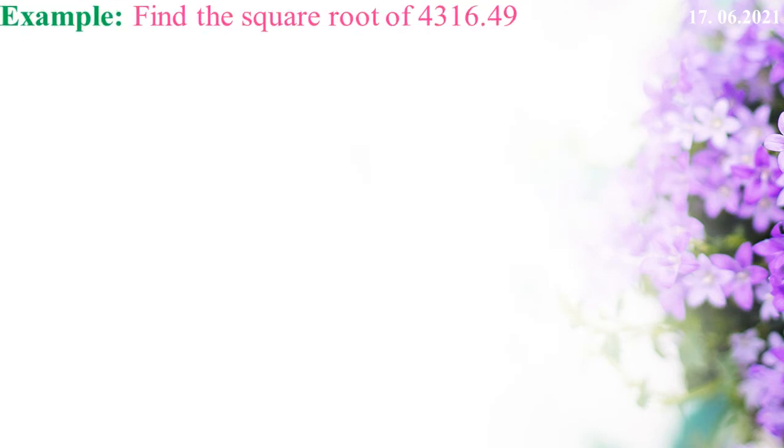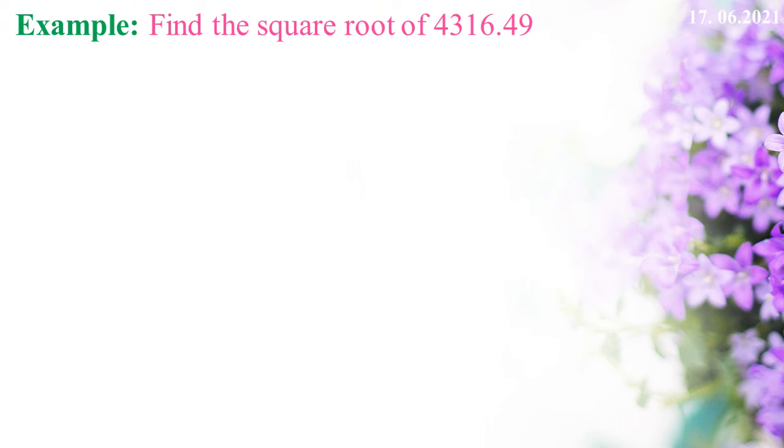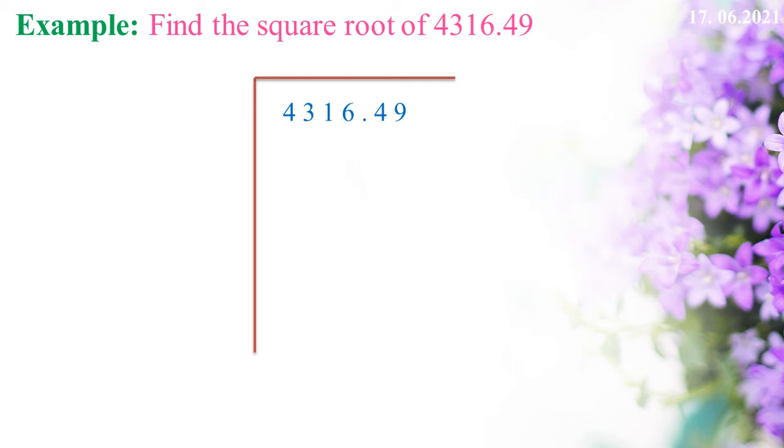Now we are going to learn how to find the square root of decimal numbers using long division method. Here given decimal number is 4316.49. First, we should mark off the digits in pairs on the integral part of the number starting from the units digit.